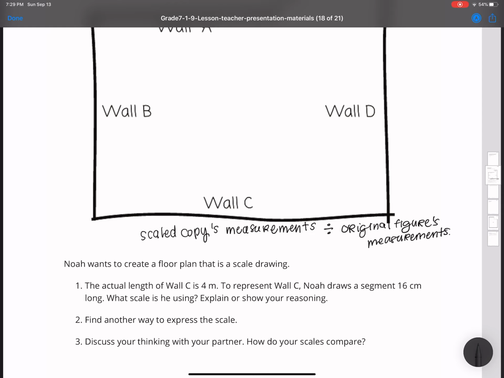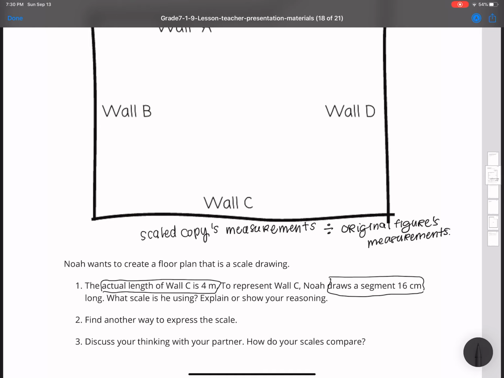So, when I look at question 1, is there anything that I need to circle or annotate in order to answer this question? Well, there is, and that is the actual length of wall C is 4 meters. And then it says he wants to draw a segment that's 16 centimeters long.